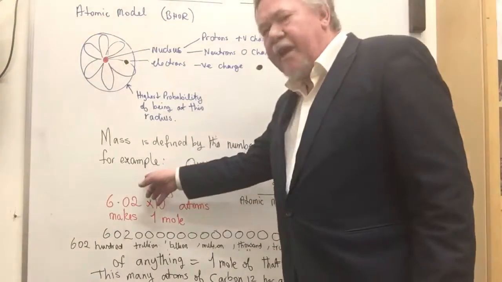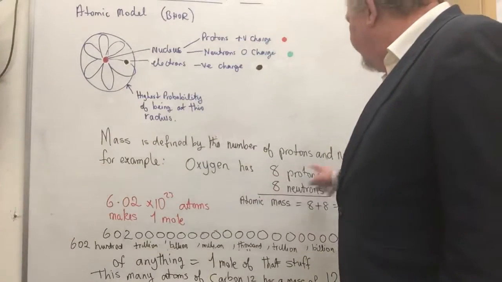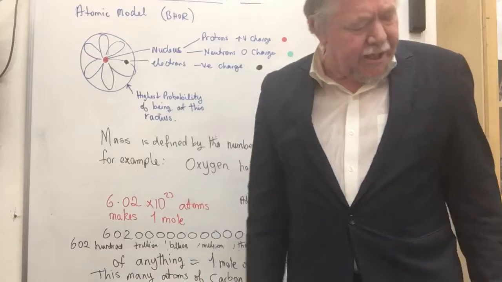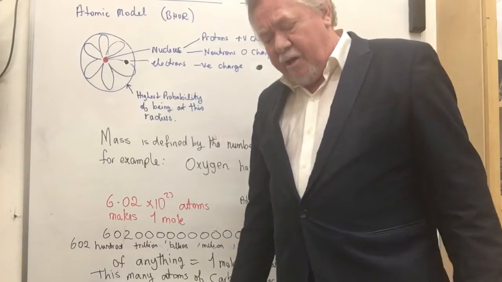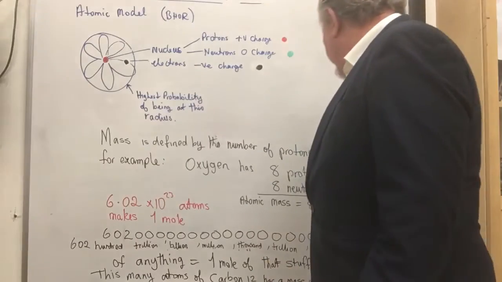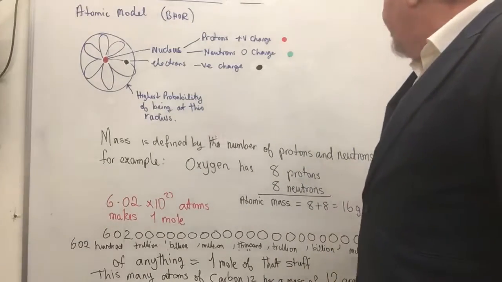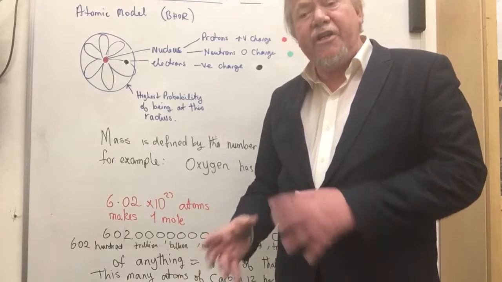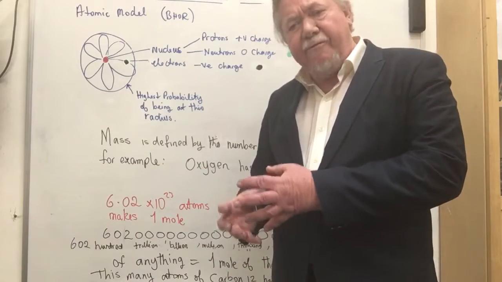Okay, so here's an example. Oxygen has 8 protons, so eight of those red things in the nucleus of oxygen, and it will also have 8 neutrons, so 8 of these green ones as well, okay? And so that constitutes really the bulk of the nucleus of oxygen.